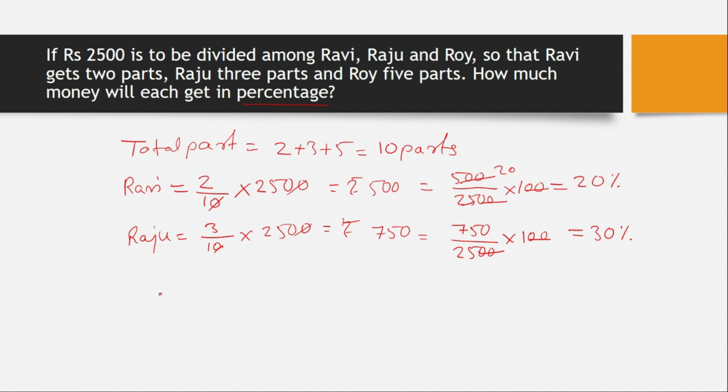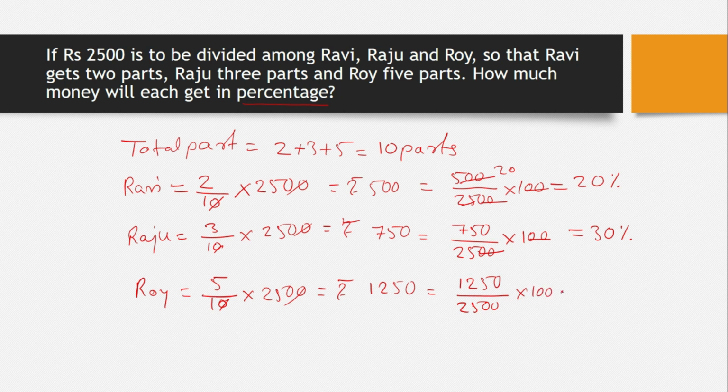The last one is Roy. So 5 by 10 into total amount, that is rupees 1250. We have to change it in percentage, by total amount into 100 equal to 50%.